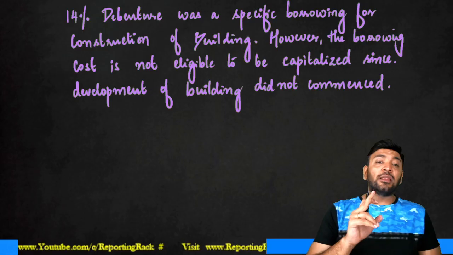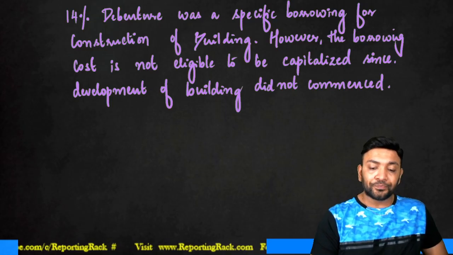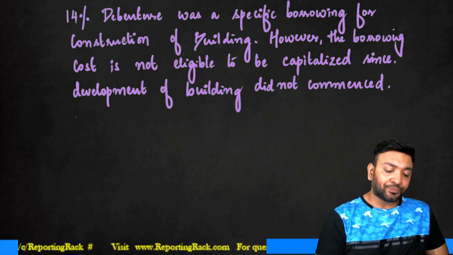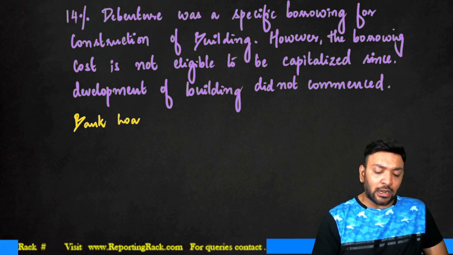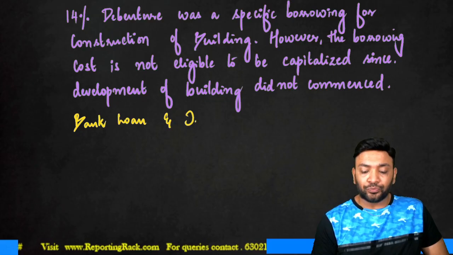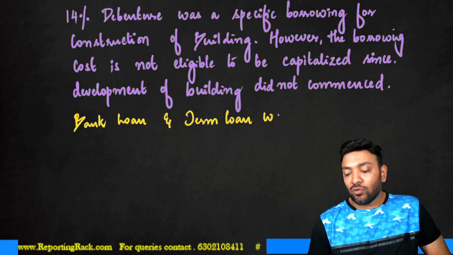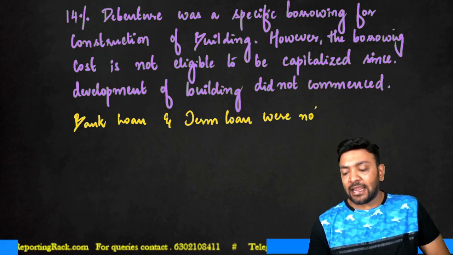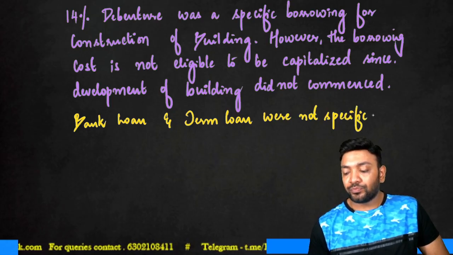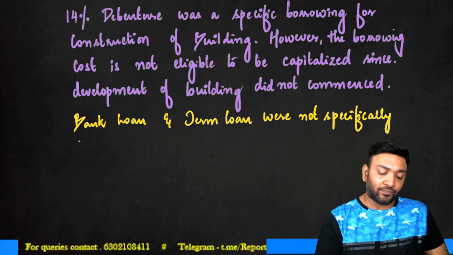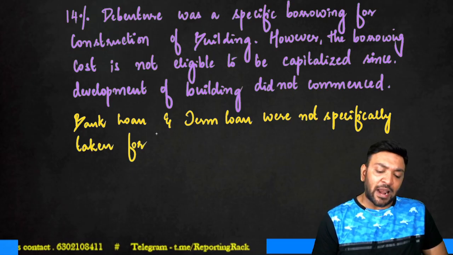Now, what about the bank loan and the term loan existing for the construction of plant being utilized? Now write the statement. Bank loan and term loan were not specifically taken for construction of plant.